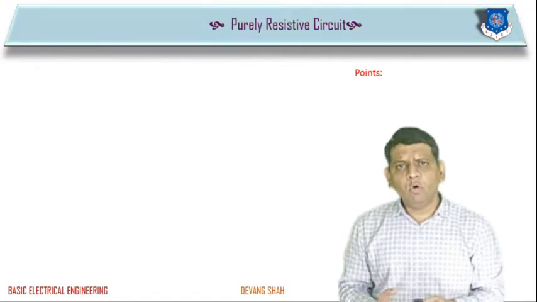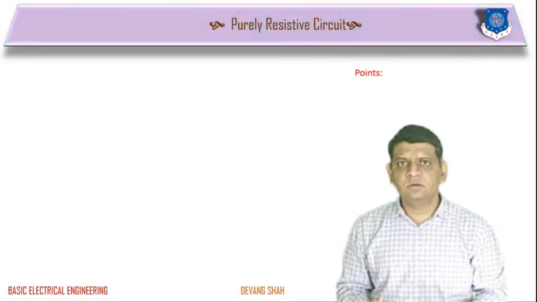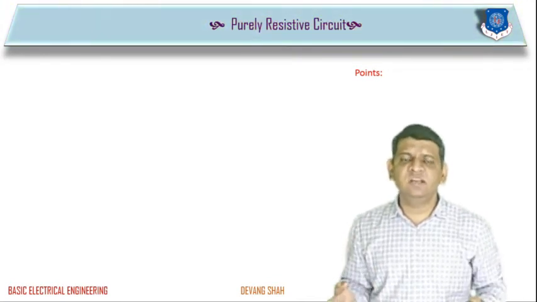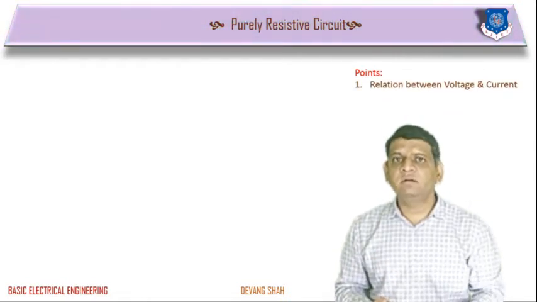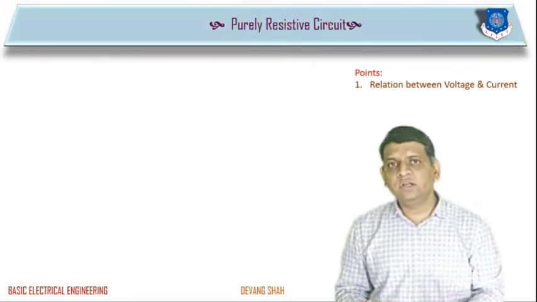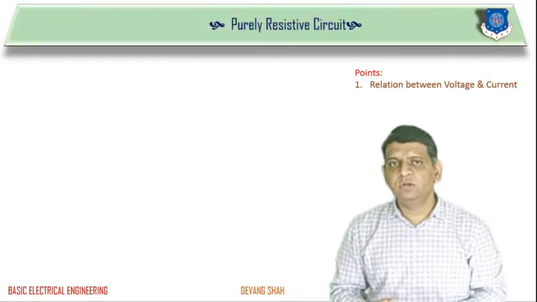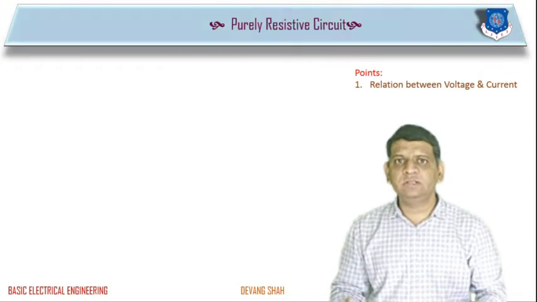In all these three theories, we have to discuss three common points. First, we have to find the relation between voltage and current.